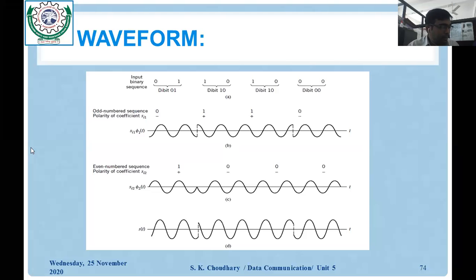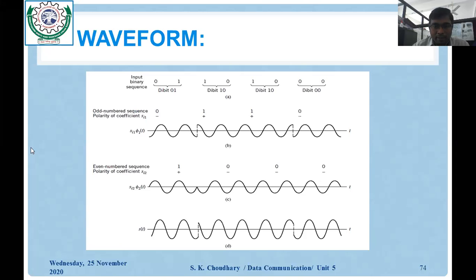In the whole diagram, you would draw the binary sequence, then even data, then odd data, then S_e(t), then S_o(t), as well as the carrier signals φ1(t), φ2(t), and then finally the QPSK, because all of these are important for drawing the final waveform of S(t).